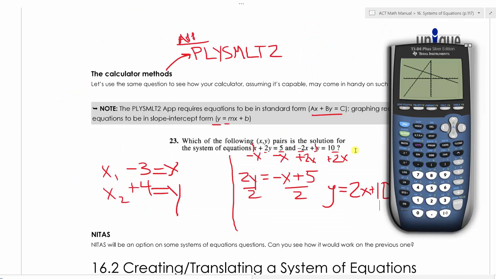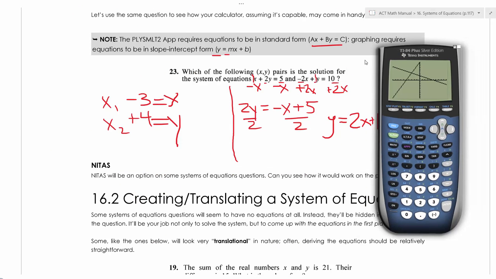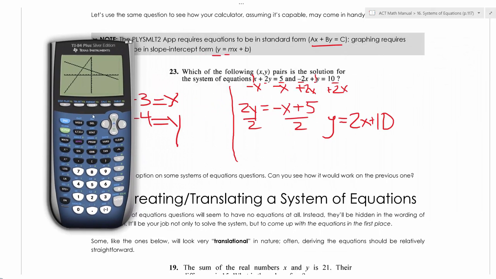But if you want to do this the very correct technical way, what you would do is this. You hit second and then your trace button, which is the calc menu. So we're going to hit second trace, and then we see number 5 here says intersect. So I'm going to go to intersect, number 5, and what the calculator is doing is asking me to tell it where the first curve that I want to analyze is, and the first curve is this line.